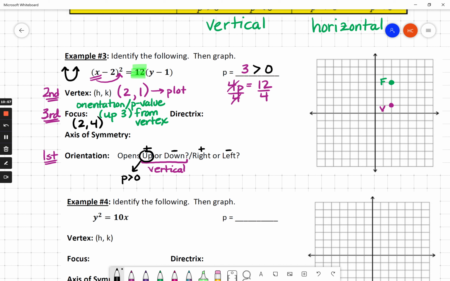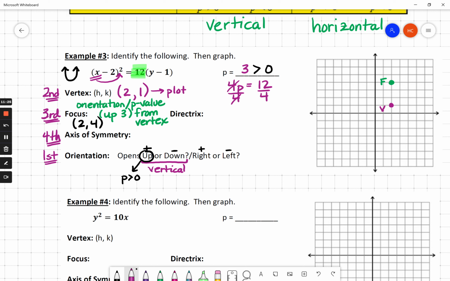Okay. Now, the fourth step is going to be, let's do the fourth step being axis of symmetry. And by the way, you don't have to do it in this order. Oh my goodness, there's that triangle again. I just find that when you do it in this order, it seems a little bit easier. So here we go. The fourth step is your axis of symmetry.